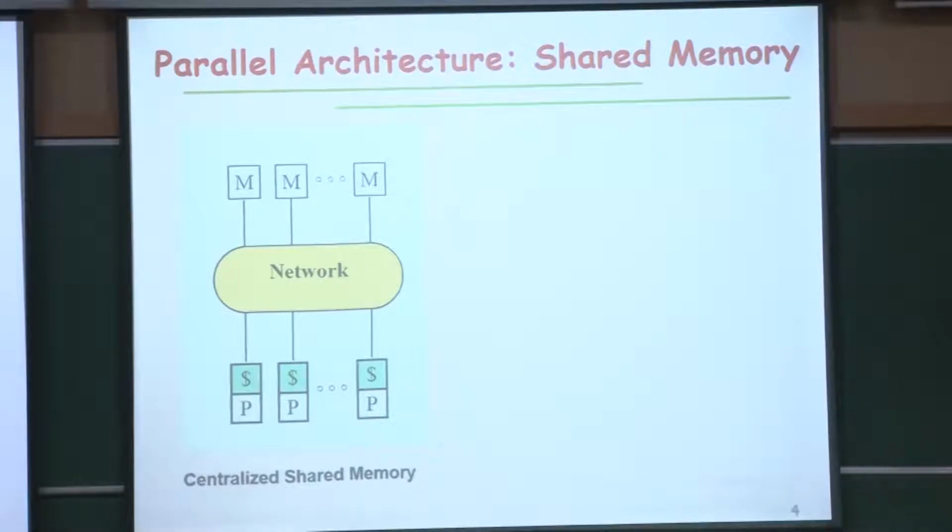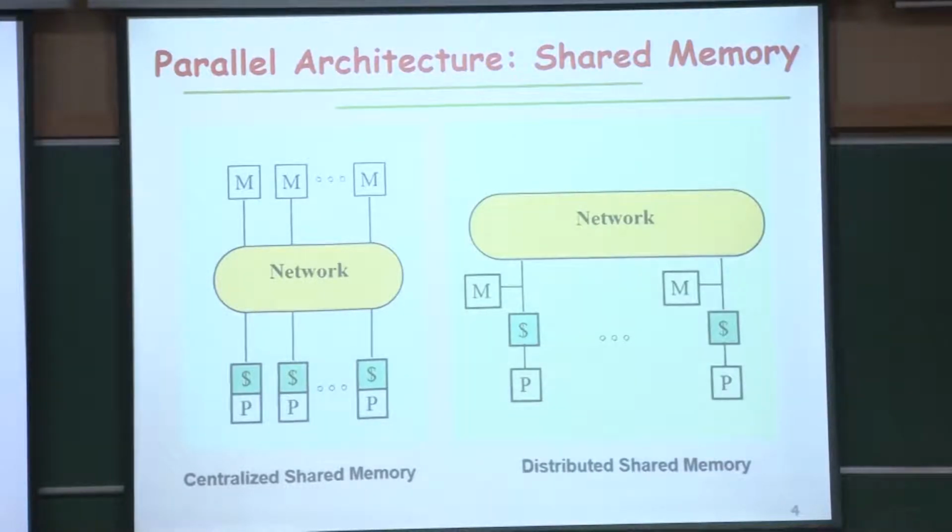Now, I will show you another architecture, which is what we call the distributed shared memory architecture. In this case, each processor has some memory which is local to it. It also has a cache, but let us not worry about it. Each processor can also access the memory of another processor.